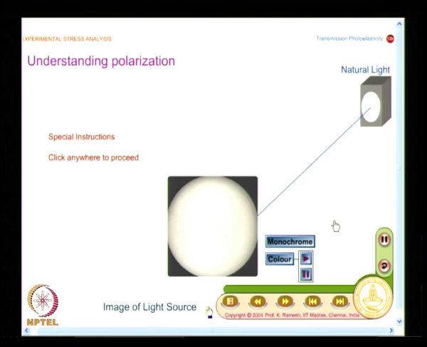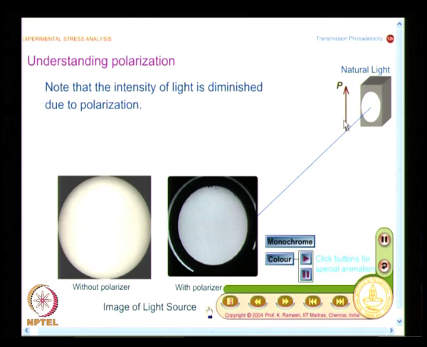Before we go into that, let us look at what we have learned in understanding polarization. Here you have natural light, then I put a polarizer. It allows only one component of light, and I want to investigate the status of polarization.